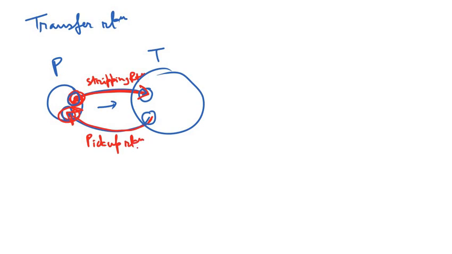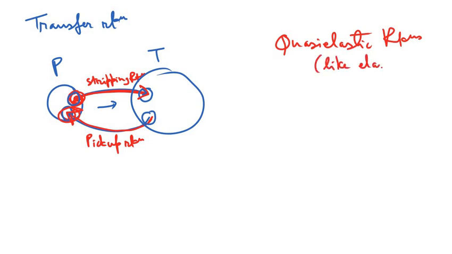Okay, now in either elastic or inelastic scattering and transfer reaction, the Q values are either 0 or very small. So, they are sometimes known as quasi-elastic reactions, that is, like elastic reactions. And why? Because of small Q value.